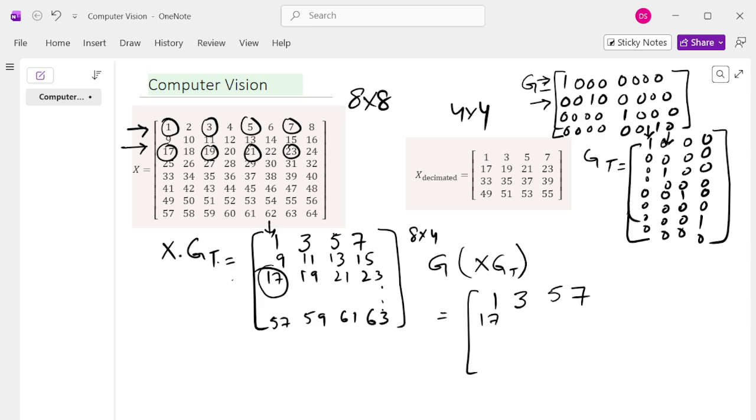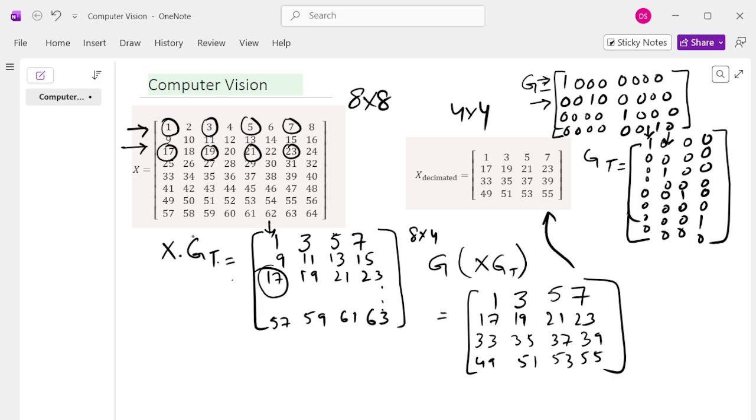Hence if you continue this process, this would be 17 19 21 23, and then you would be getting 33 35 37 39 and 49 51 53 and 55, which is same as whatever we have here.